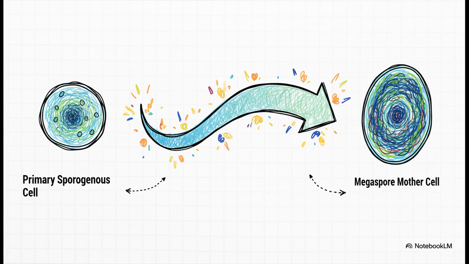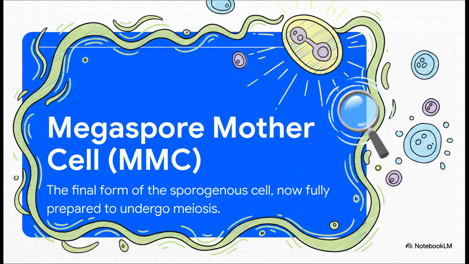Instead of dividing, it focuses all of its energy on changing its identity, on growing and maturing into its final crucial form. And that final form is the megaspore mother cell, or MMC for short. This is it. This is the cell that holds all the potential. It is now fully prepared for the most important division of this entire story.